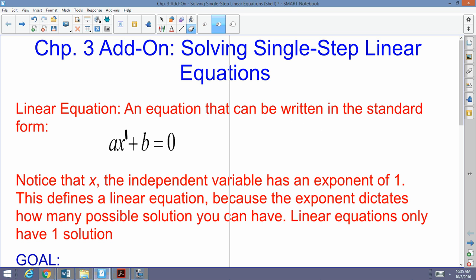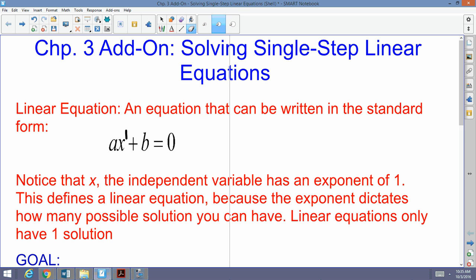And what happens is that the exponent dictates how many possible solutions you can have. So in a linear equation, since the exponent of the independent variable is 1, you're only going to have one possible solution. For a quadratic, if you remember those U-shaped graphs, the parabolas, you can have up to a possibility of 2 solutions.